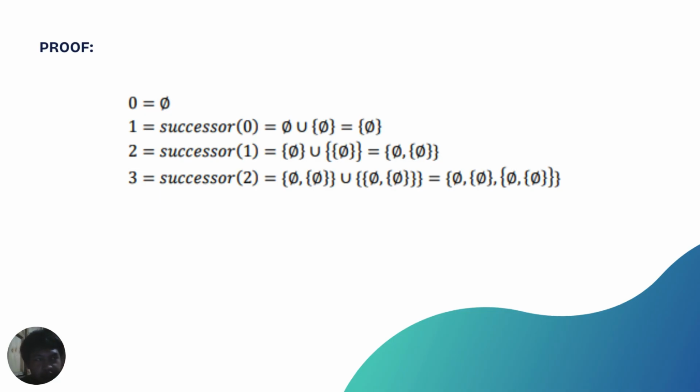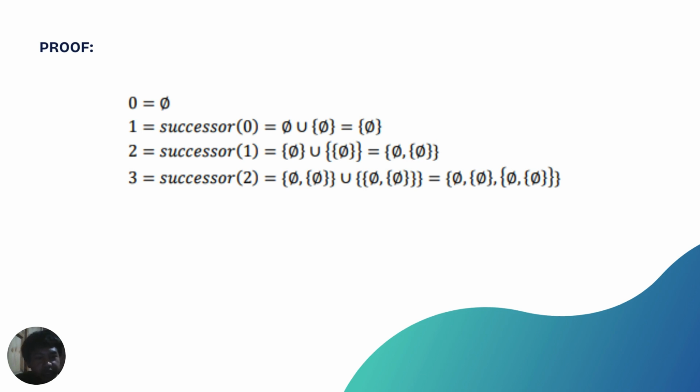Now by the definition of successor, if we have A, the successor of A is equal to A union the set containing A. That's why for 1, if we get the successor of 0, we have the empty set union the set of the empty set, which is equal to the set of the empty set. And then to get 2, we need to get the successor of 1. And to get 3, we need to get the successor of 2.